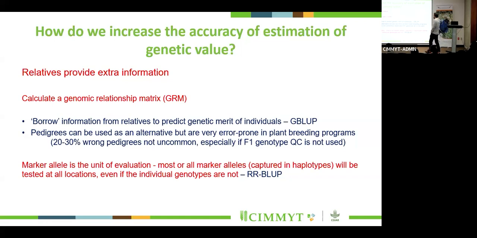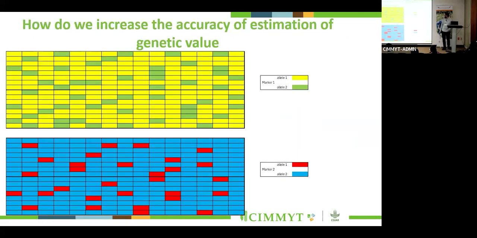The other way to look at this is by marker. So if you have 2,000 markers that represent your genome, you look across the field. I think this is the next slide, okay? This is two examples of markers. So here's your field, here's one rep, two rep.